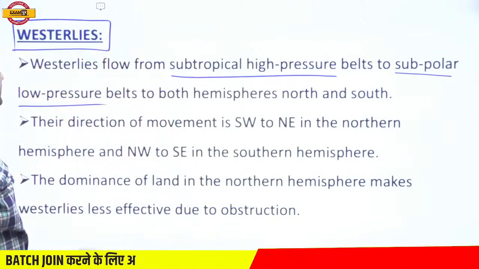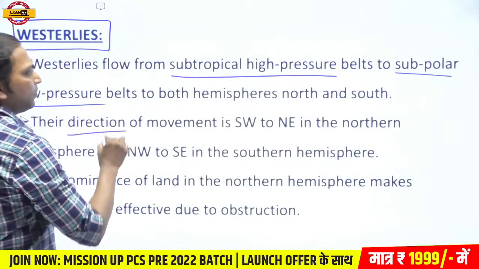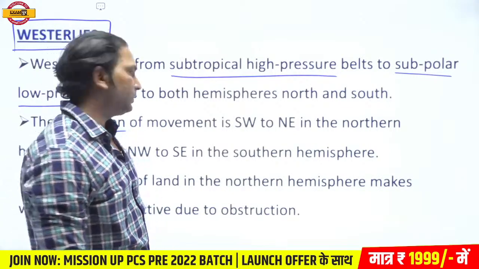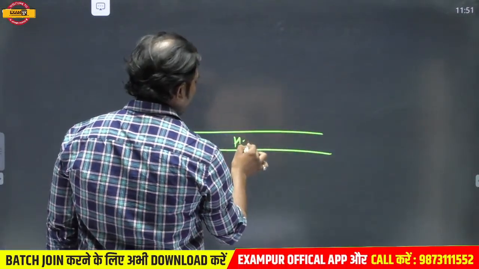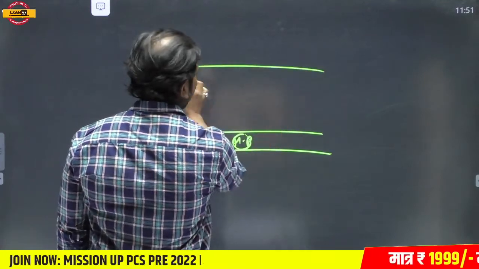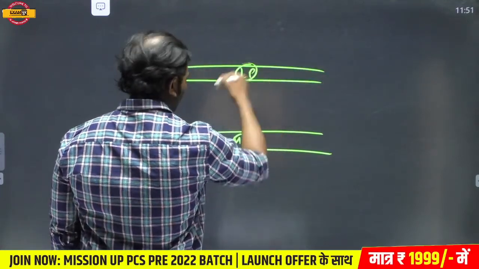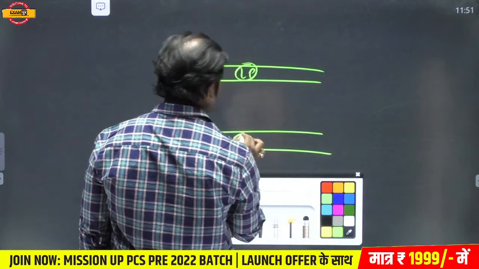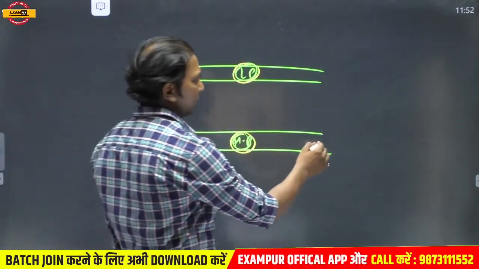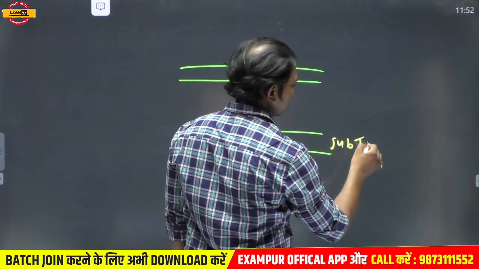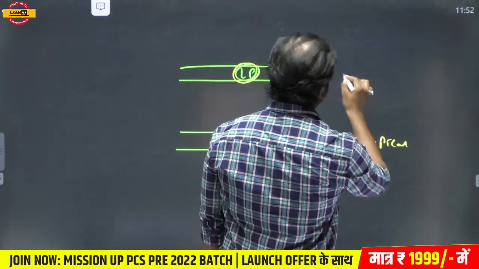Now, the direction of the westerlies winds. Westerlies blow between the subtropical high pressure and the subpolar low pressure.